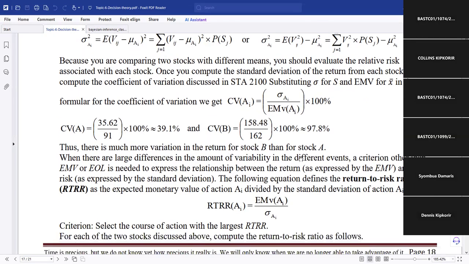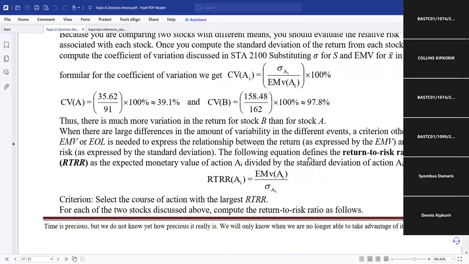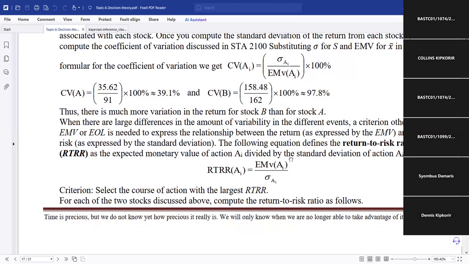Therefore, this equation that we are defining here gives us the return to risk ratio as the expected monetary value of action A divided by the standard deviation of action A.